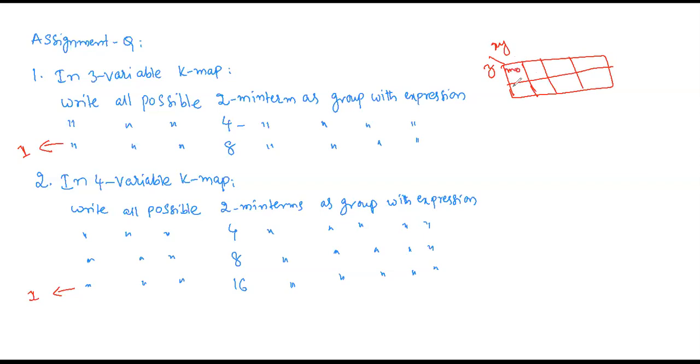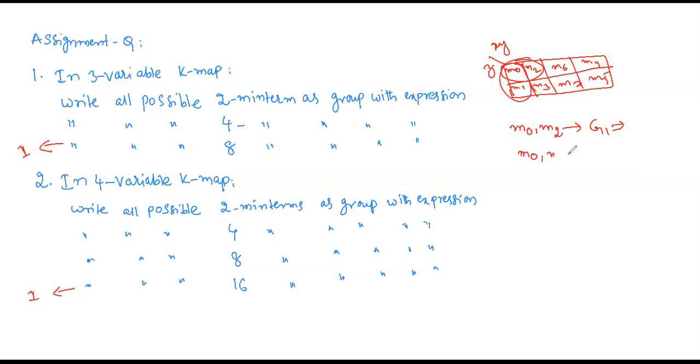We know M0, M1, M2, M3, 4, 5, 6, 7. Look for the adjacency and write all the possible groups. Here M0, M1 is one group. M0, comma M2 is one group. And write down the expression.